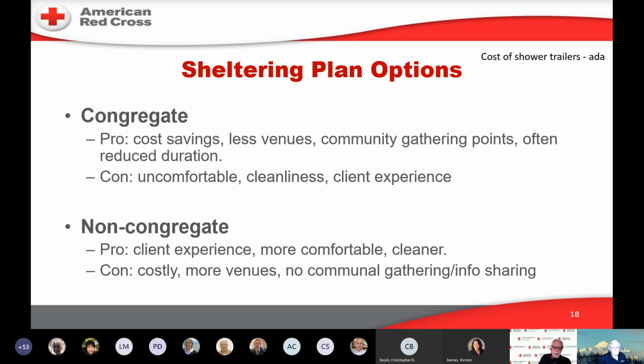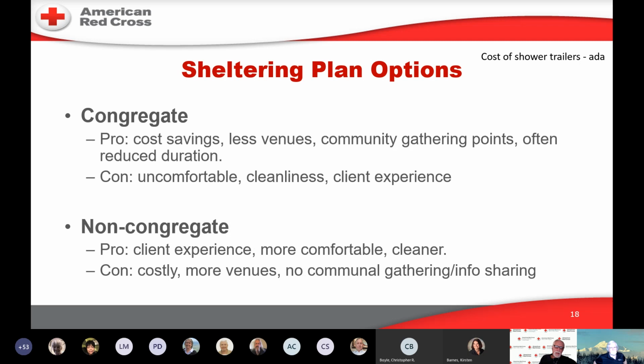The con is it's very difficult in the current environment to do congregate sheltering and keep the spacing and reduce the transmission. It's not nearly as nice of a client experience, certainly. Non-congregate, it's very comfortable in comparison. Certainly all of us have enjoyed being in a hotel rather than a staff shelter, but it's far more expensive for the organization. So that's going to be your first choice.